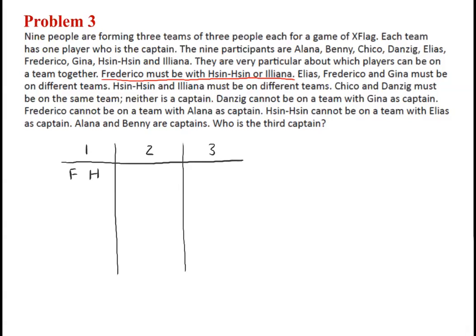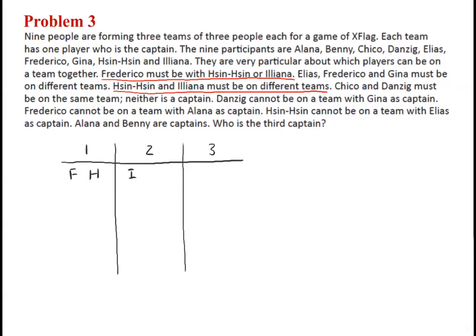Now, right below that, the condition states Shinshin and Ileana have to be on different teams, so we can put Ileana in either team 2 or team 3, but let's just put her in team 2. So we have 2 conditions satisfied so far.